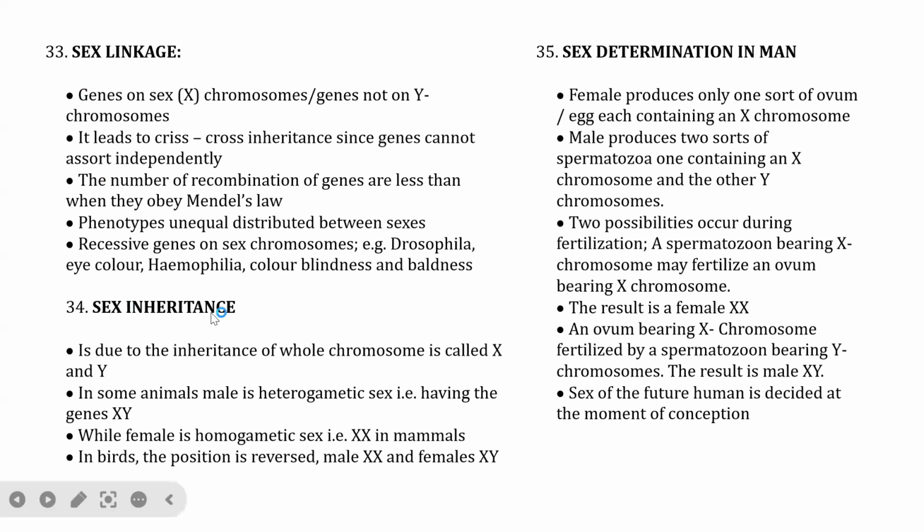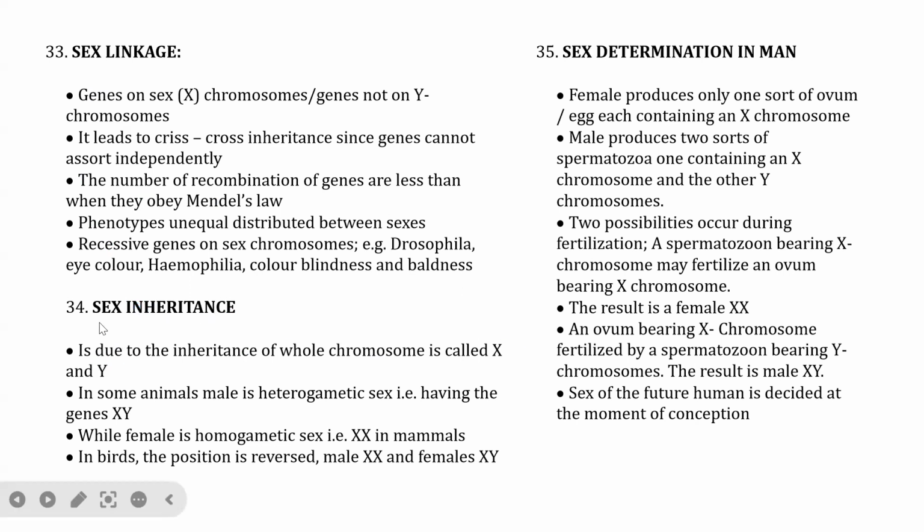So we go to the next one, sex inheritance. How do we say we inherit a particular sex, male or female? It is due to the inheritance of a chromosome, called X and Y chromosome.